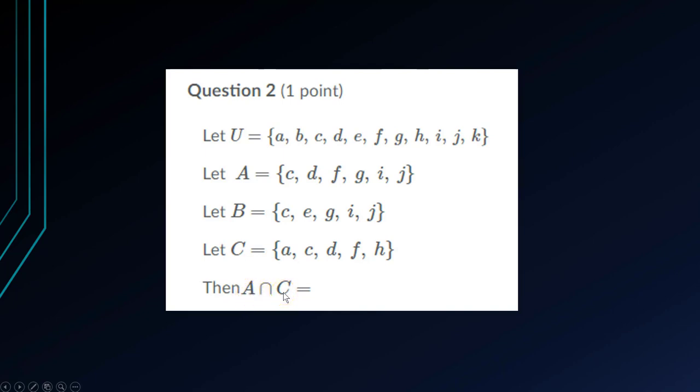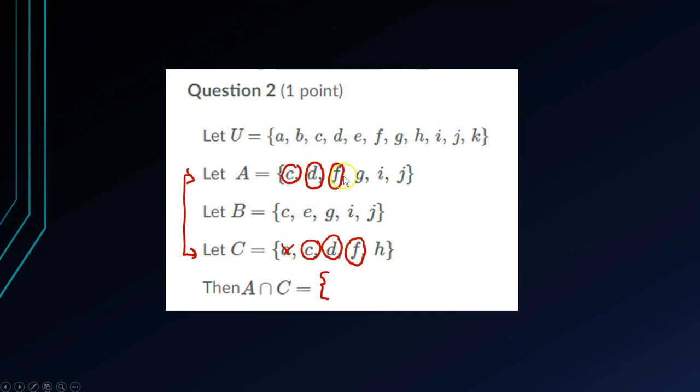Now, the intersection of A and C is, I look at these two sets, I want those letters that are in both A and C, and only those that are in both, not one or the other. They have to both be in A and C. So when I look at this, A doesn't, it's not in set A. C is in both sets.